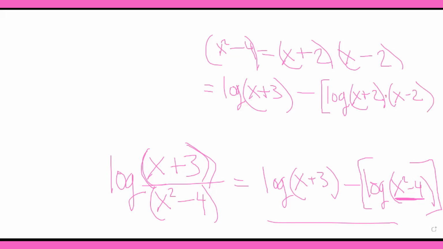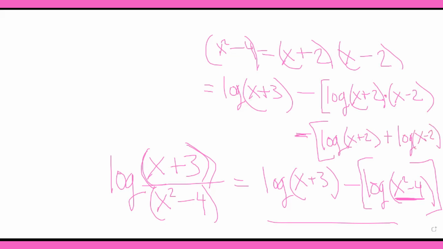And what did we just learn? When things are being multiplied, that's product rule. So when I'm multiplying, I add. So again, if we subtract the whole thing, in here I could write 2 separate logs, log of x plus 2 plus log of x minus 2.